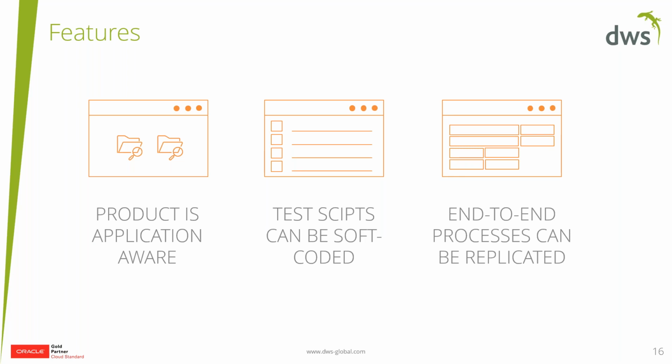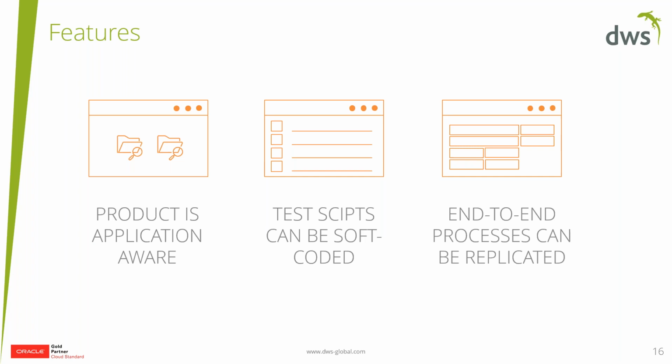It's going to know exactly what you're working in and help you design in that manner. Test scripts can also be soft coded, so it provides a ton of efficiency when you're managing those test scripts and needing to edit on the go.